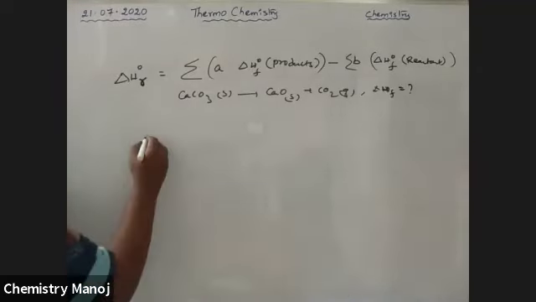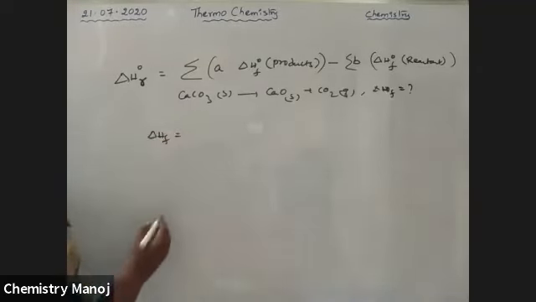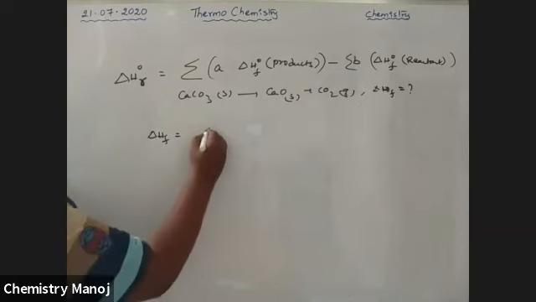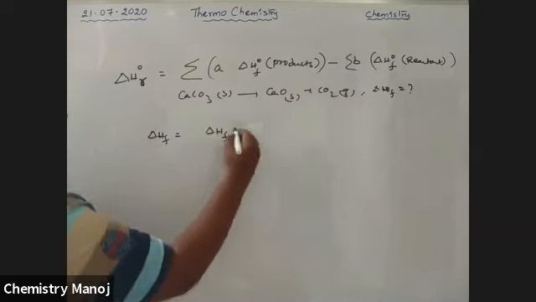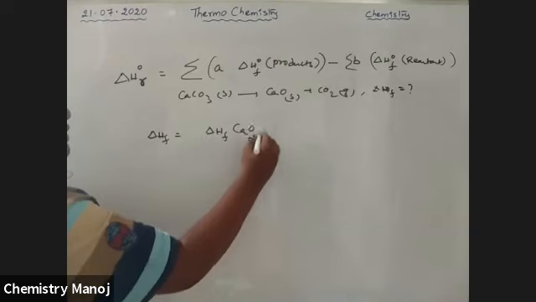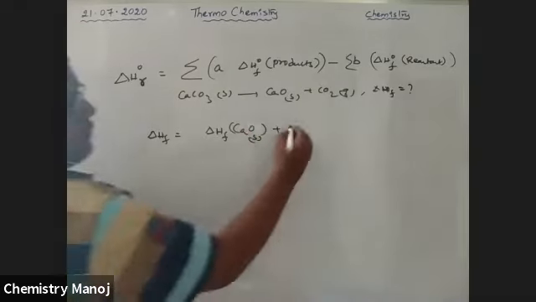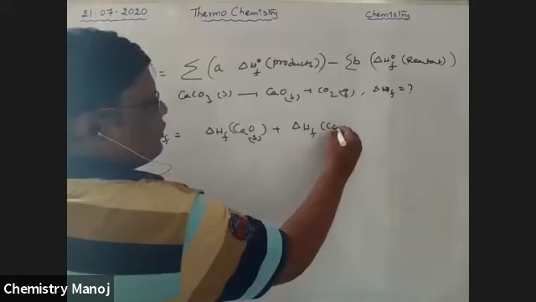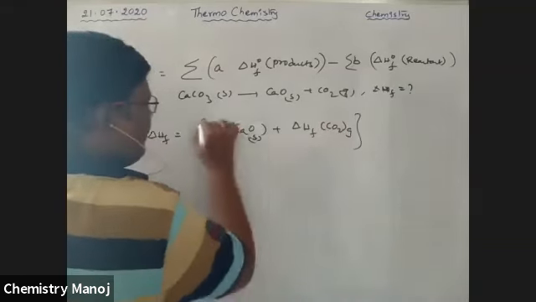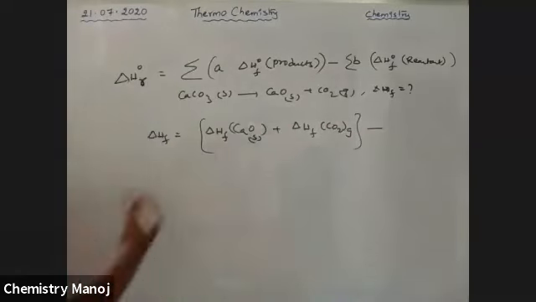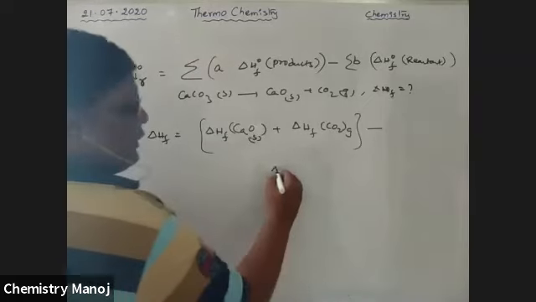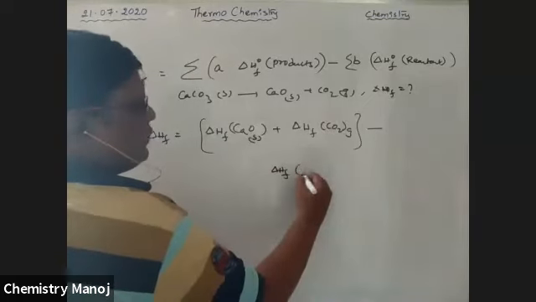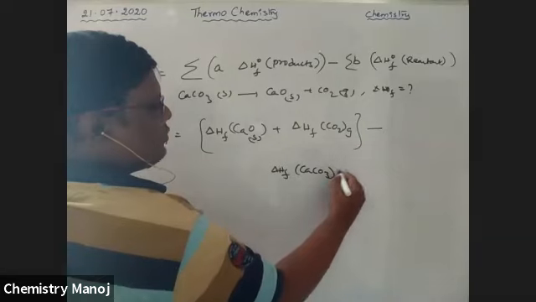So delta H of the reaction is equal to delta H formation of CaO solid plus delta H formation of CO2 gas, because those are the products, minus delta H formation of CaCO3 solid.